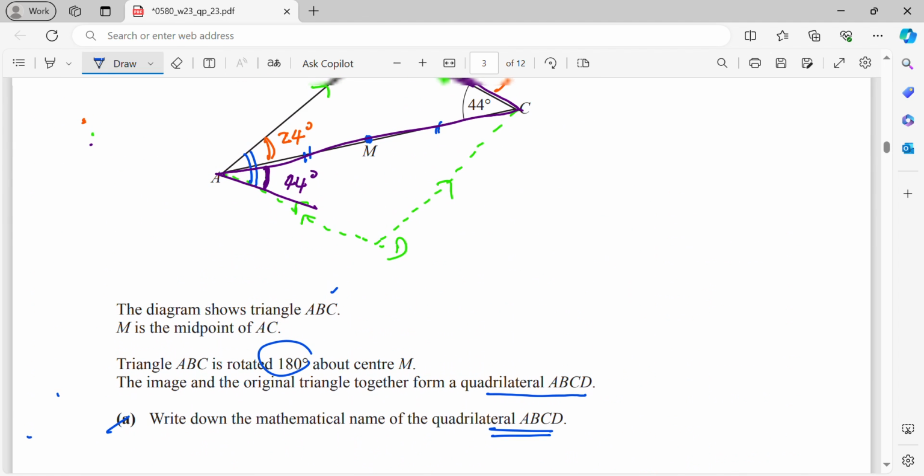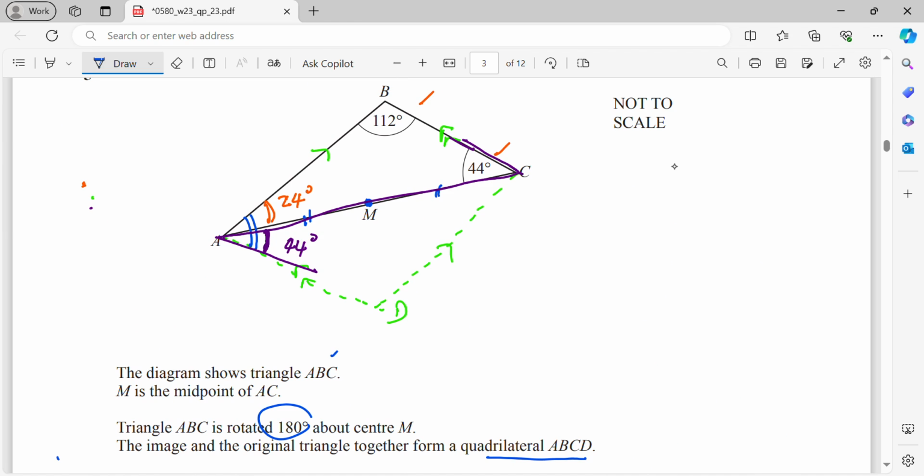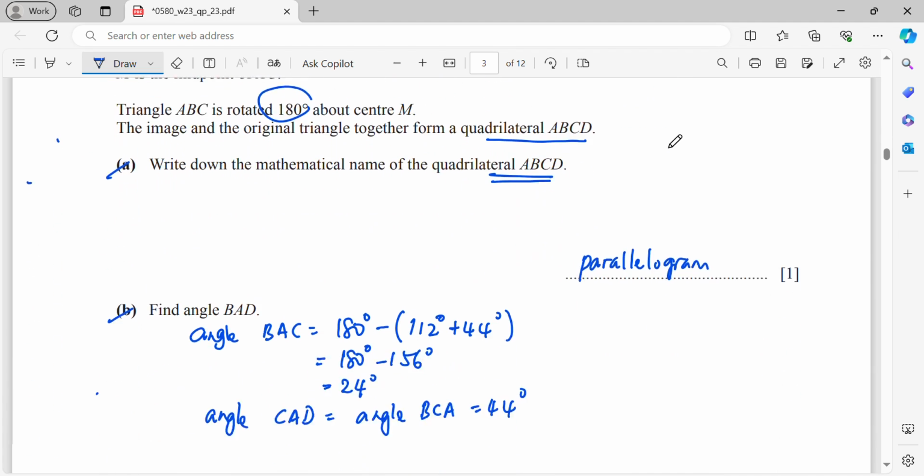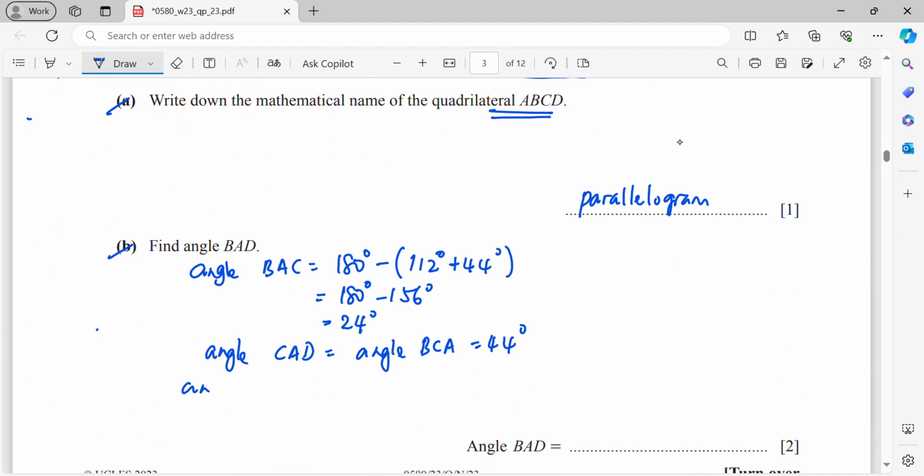By referring to this diagram, BAD is basically 24 plus 44. So BAD equals 24 degrees plus 44 degrees. Then you will be getting 68 degrees. So that's the solution of this question.